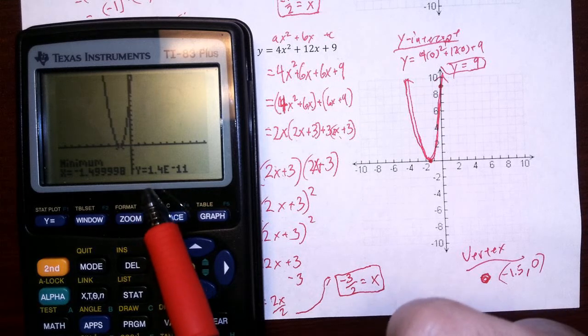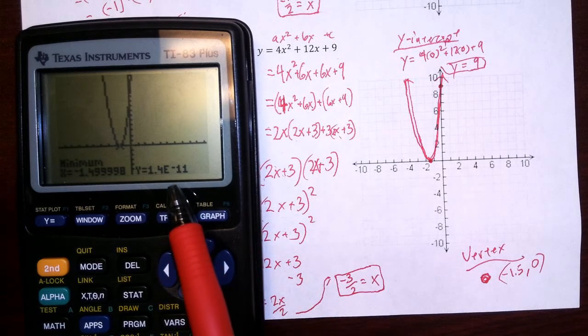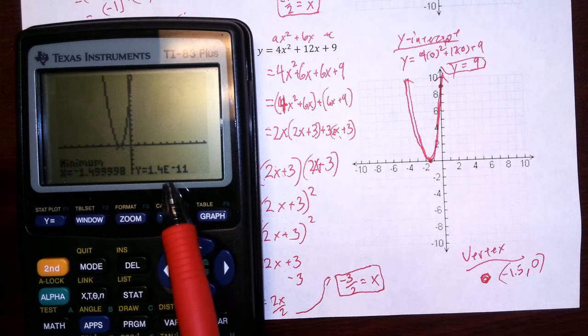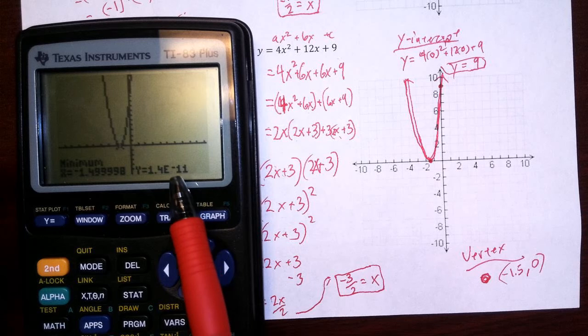And over here, this is definitely way more confusing, a little bit harder to tell. This says y equals 1.4 e to the negative 11. Just understand, when it's e of a negative number like that, it basically just means really, really tiny. If you want more of an explanation, look up scientific notation, because that's really what it is.